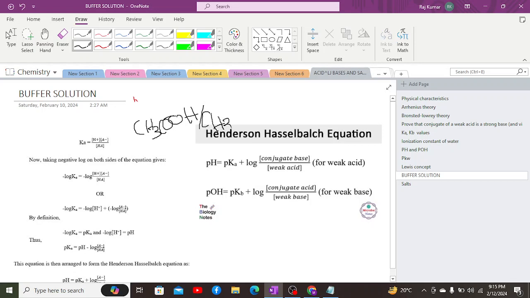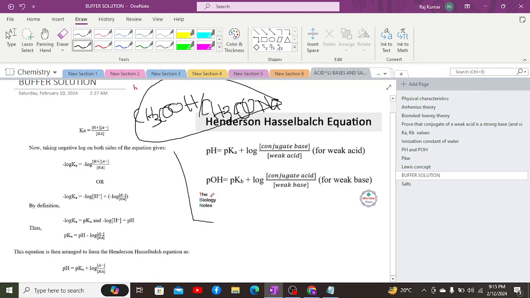Whenever we utilize a weak acid and its salt with a strong base, sodium acetate, we get an acidic buffer solution. An important MCQ is that its pH ranges from 3.76 to 5.76, and its pK value is 4.76.